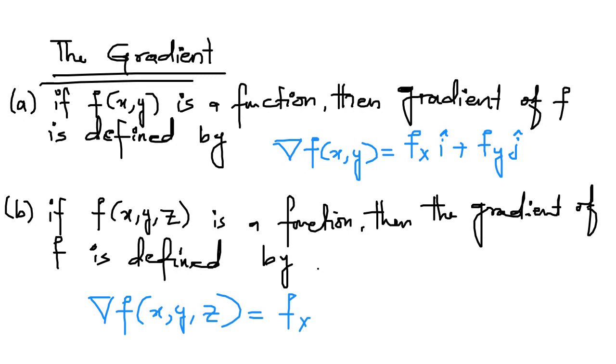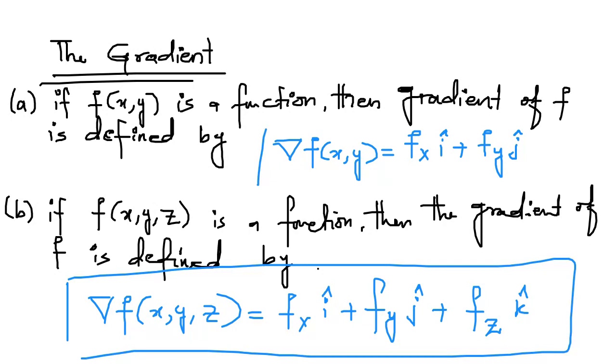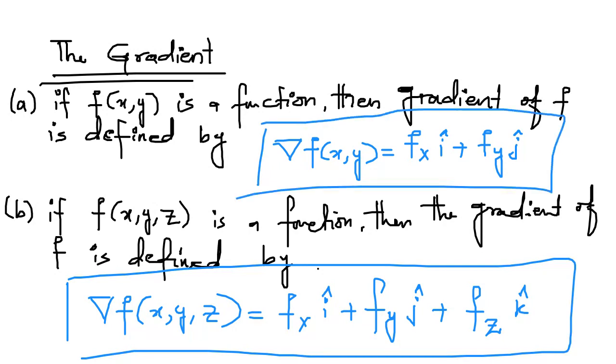You first calculate the partial derivative with respect to x, i, plus the partial derivative with respect to y, j, plus the partial derivative with respect to z, k. So this is the formula for the gradient.